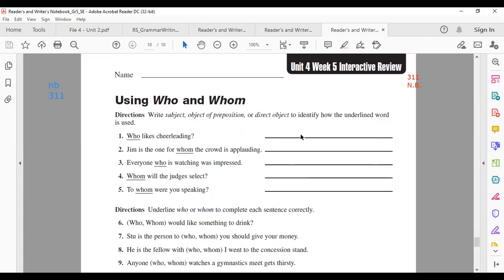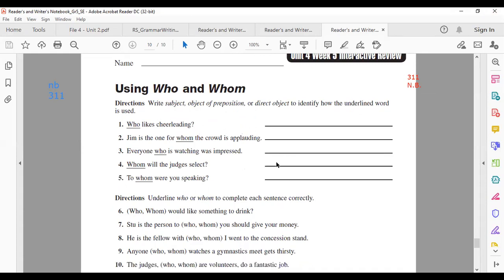Tala, please go ahead. Write subject, object of a preposition, or direct object to identify how the underlined word is used. "Who likes cheerleading?" Subject. Excellent.